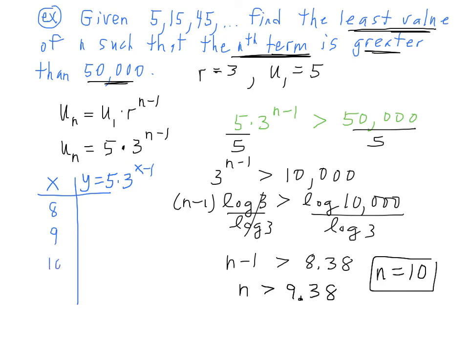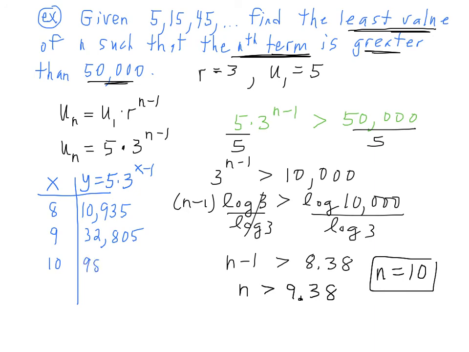If you were to look in your table, when x is 8, you would see 10,935. When x is 9, you'd have 32,805. Notice how when x is 9, or the 9th term, we have not yet exceeded 50,000.